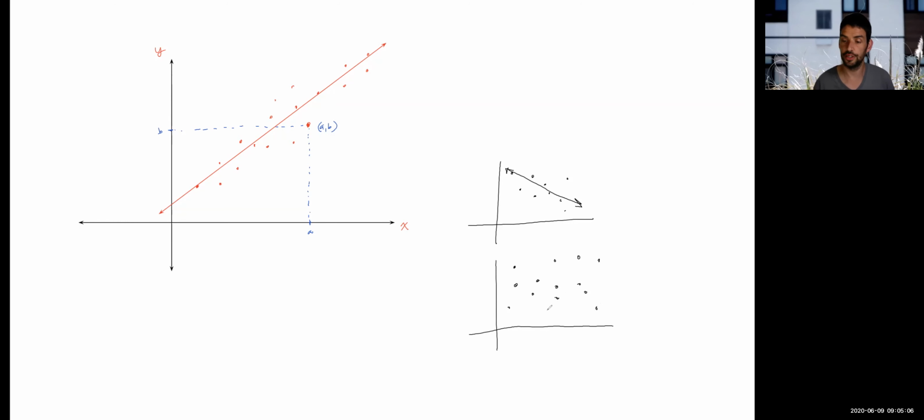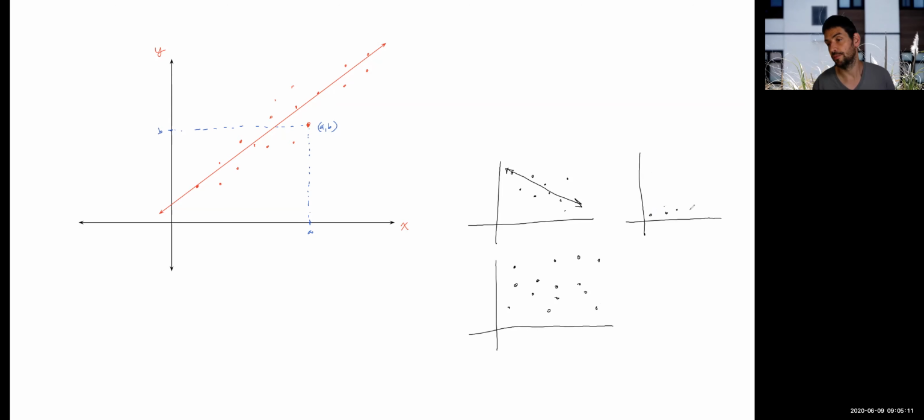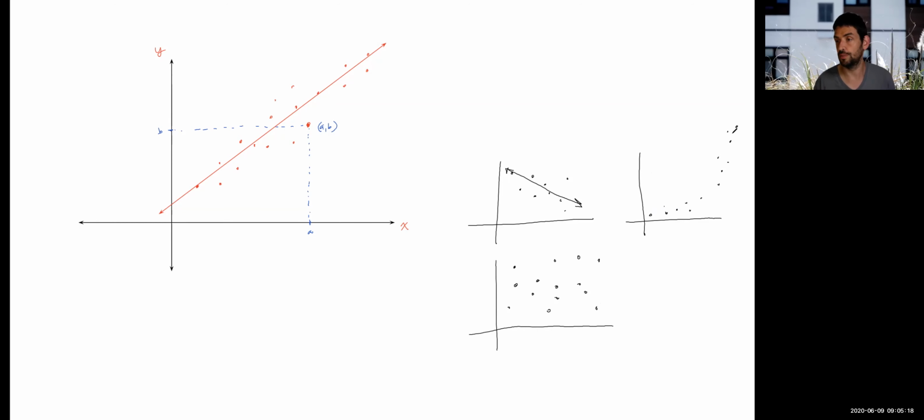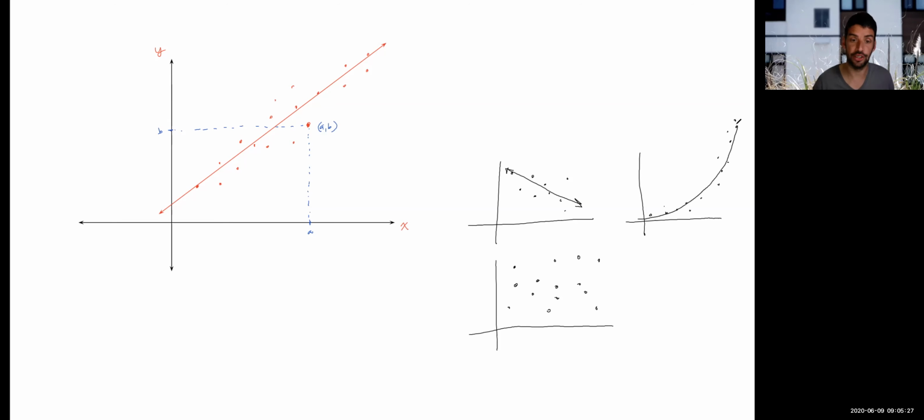This data looks actually not to be very well related at all. Or maybe it looks something like this, which doesn't look to be a great linear relationship, but might be explained by one of those other relationships that we were talking about. For instance, this one might have some kind of exponential relationship, okay? So we're not always going to be able to find this relationship, but we're going to see when we do find it, how do we find this line and write an equation for it.